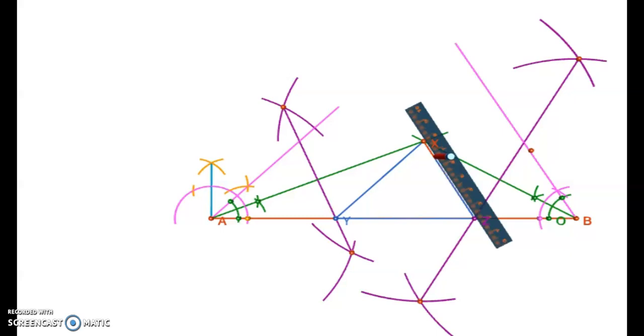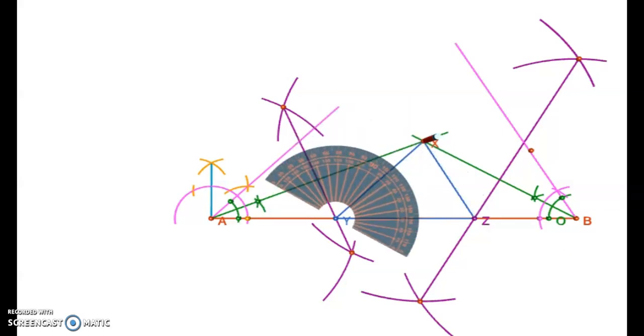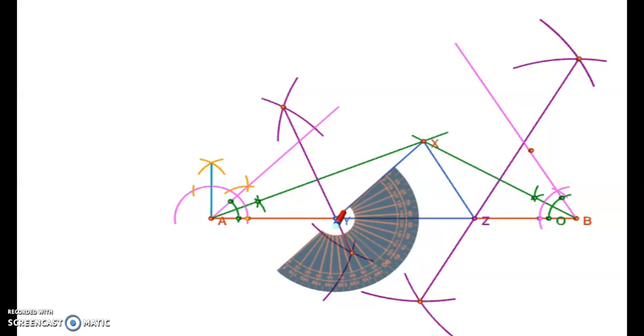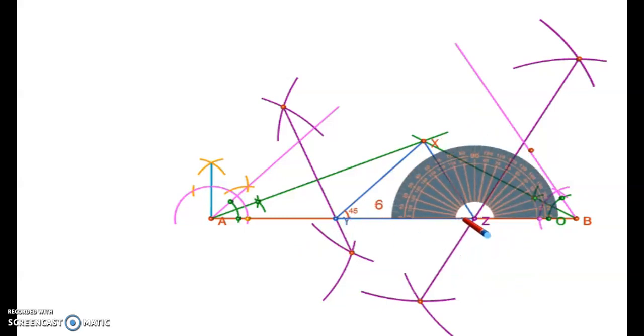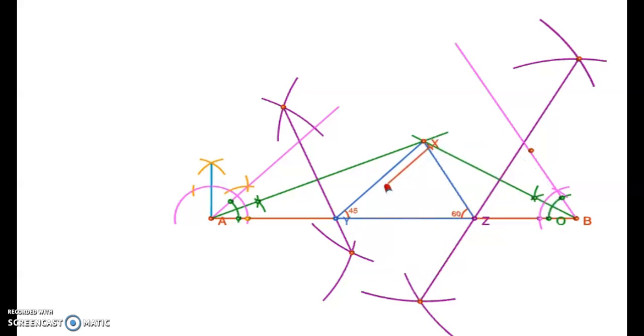Let us measure our angles. As we are saying, XYZ is our required triangle. Now angle Y should be 45 degrees. Let us measure angle Y using the protractor. Yes, we got it as 45 degrees. And angle Z is 60 degrees. Yes, we got our base angles.